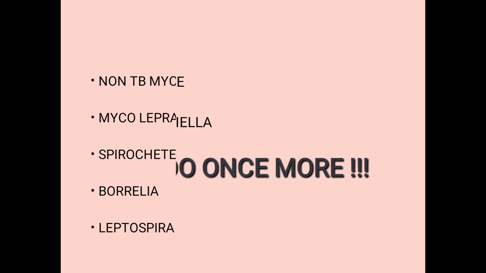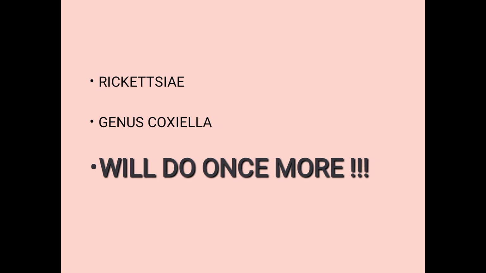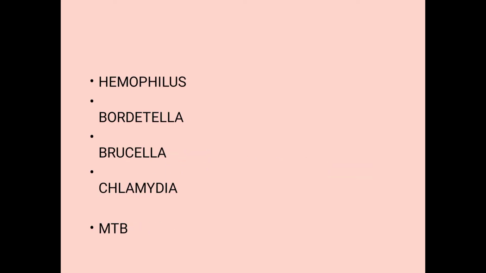This is part 1, and in the last session we will wind up with Rickettsia and Coxiella, and then we will try to combine everything in a small section and do it again, because it's very important to revise these volatile things again and again, whenever possible, because we are trying to pick the not-so-important concepts, and since they are not repeated, it will wind up easily.